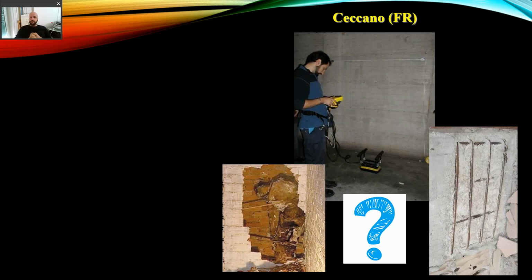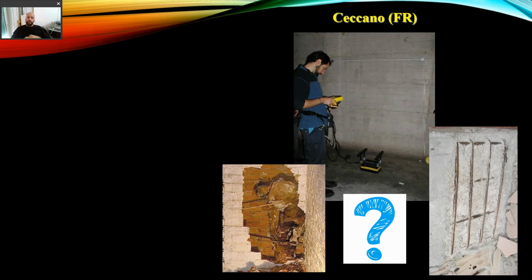Another case related to mafia crimes was this one, a typical concrete wall, in which you can see two different hypotheses. One was hiding a body, a homicide, inside this kind of wall, a typical mafia crime.